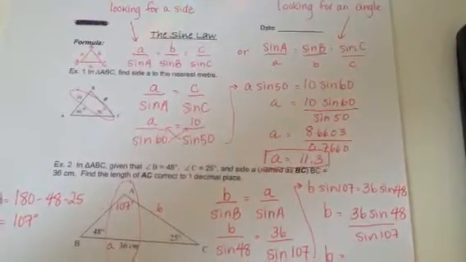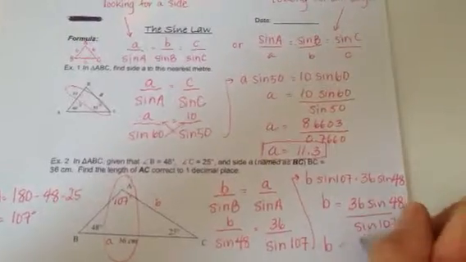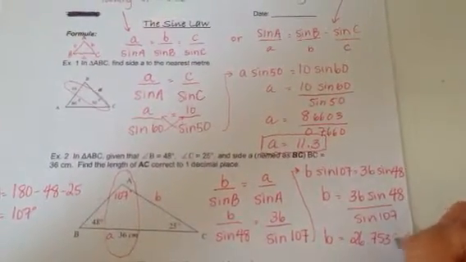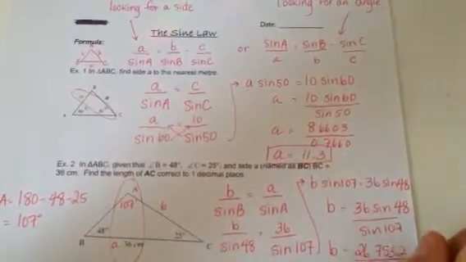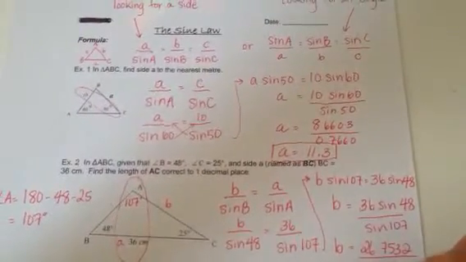So 36 times sine 48 is equal to 26.7532, divided by sine 107, which is 0.9563.